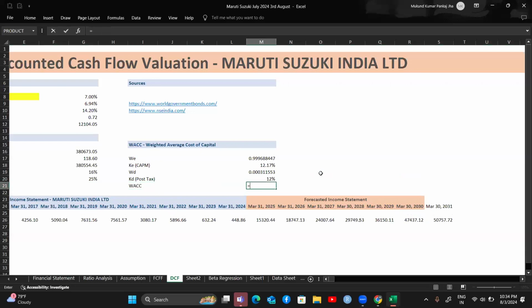The formula for WACC would be weight of equity into cost of equity plus weight of debt into cost of debt. That is 12%. Now, let me just copy the format.